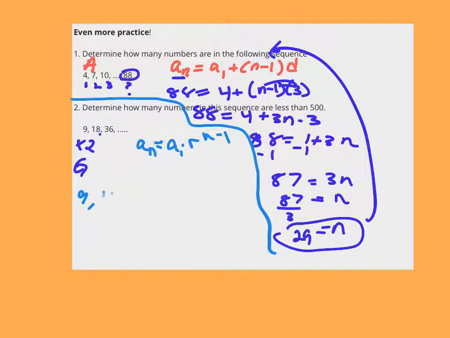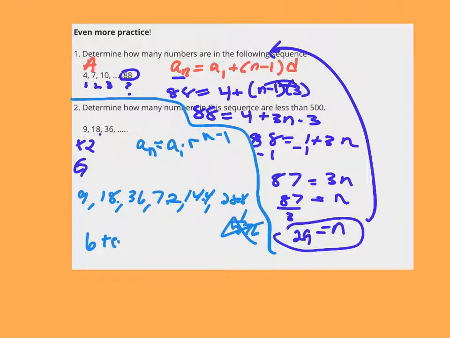I have 9, 18, 36, and I could just keep doubling, 72, 144, 288, and then when I double that one, I end up getting 576, which would be over. So I have 1, 2, 3, 4, 5, 6 terms that are less than 576.